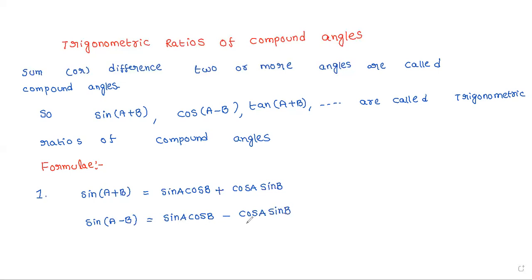Right? Cos of a plus b is equal to cos a cos b minus sin a sin b. So plus becomes opposite, minus.